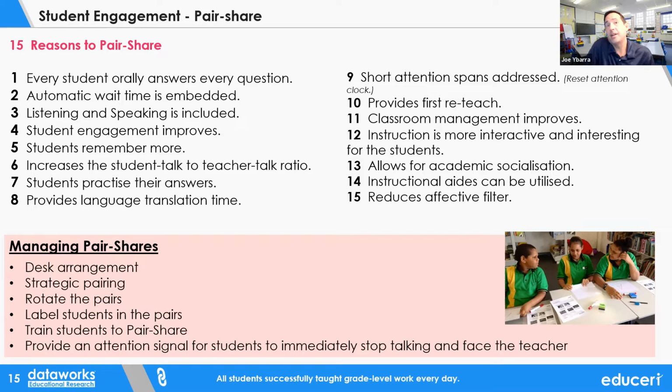They're figuratively a deer in headlights, and they're so anxious, they can't retain information. And so how do you reduce that affective filter? Well, if you teach first with a lot of examples and they can start chipping away at the understanding, and then they can pair share and practice their answer and rehearse the answer and hear it, you start reducing the affective filter, and then they can hopefully answer with some confidence.